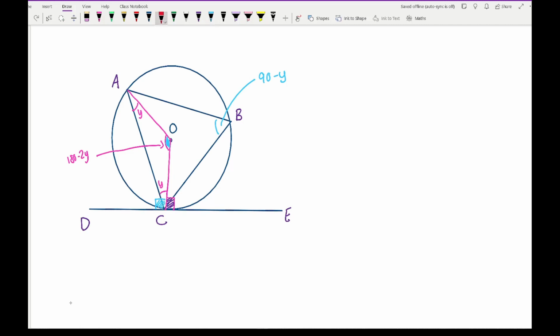Now, if I just highlight this angle, to work out this red angle, well, that's going to be 90 minus y. And note that this red angle here is the same as this angle here. So therefore, we have gone on to prove that those two opposite angles, or the angle at the tangent and the opposite angle in the triangle, are equal.